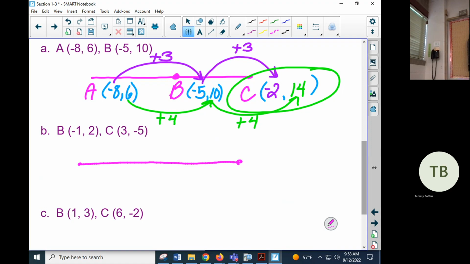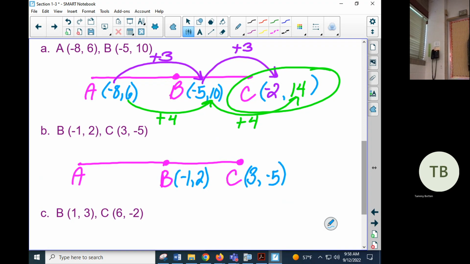Now, again, we have the same situation, same directions. They told us B is the midpoint between A and C. This time we're given B, which is (-1, 2), and C is (3, -5).